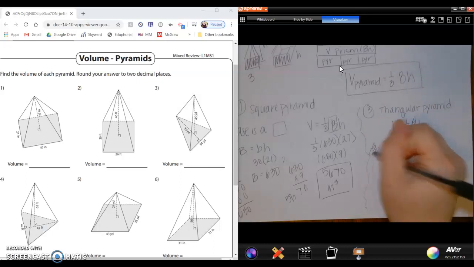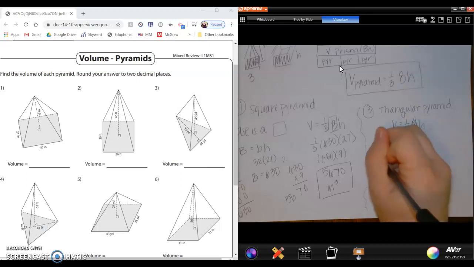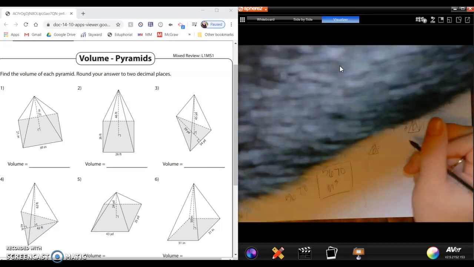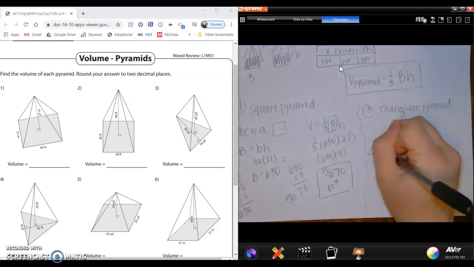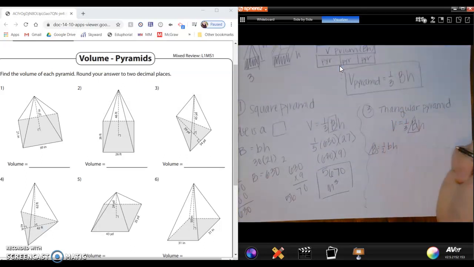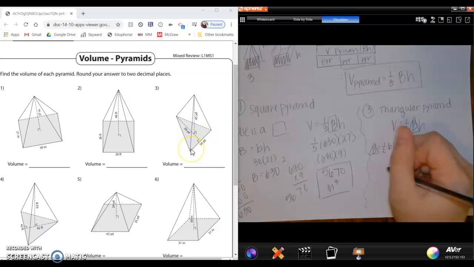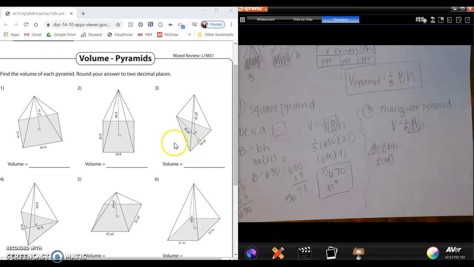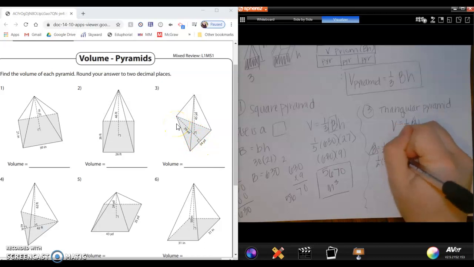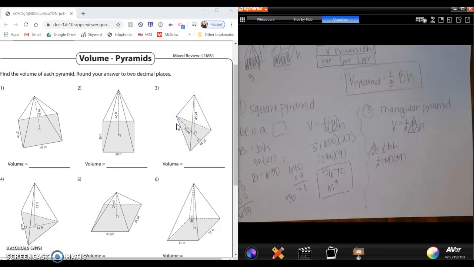Since it is a triangle, I find area of that triangular base as 1/2 of the length of the base times the height. The length of that base is 34, so I substitute 34 in for the little b. And the height of that triangular base is 39, so that will get substituted in for height.